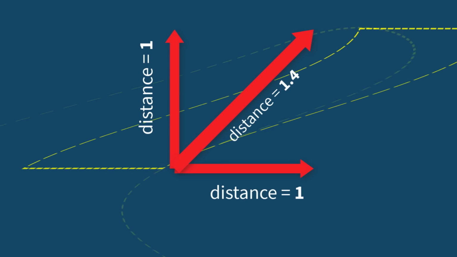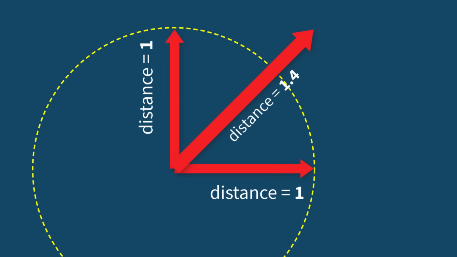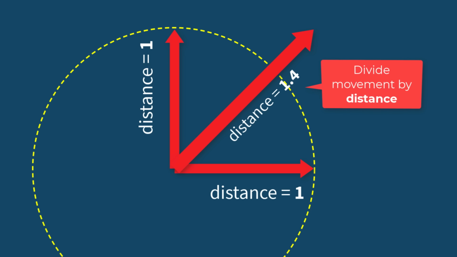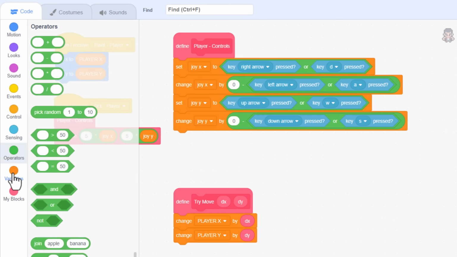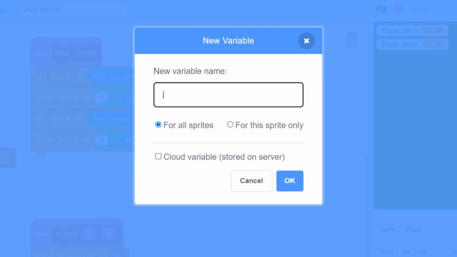To fix this, we need to normalise the joystick movement speed to account for these diagonals, and the way we do this is to divide the joystick x and y by the distance. A spot of Pythagoras will give us that, and there, that looks perfect. Back in our code then, make a new variable joy_dist for distance, and for this sprite only.